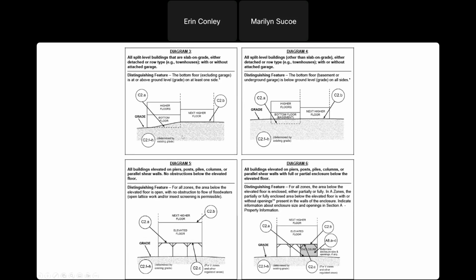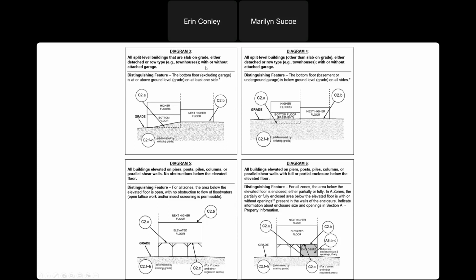Now we're going to go to diagram 3, and this and 4 specifically call out that all split level buildings can use these two. So diagram 3 is for split level buildings that are slab on grade, and then diagram 4 is for split levels other than slab on grade. So they could have a basement, they could have a crawl space, but something other than slab on grade.